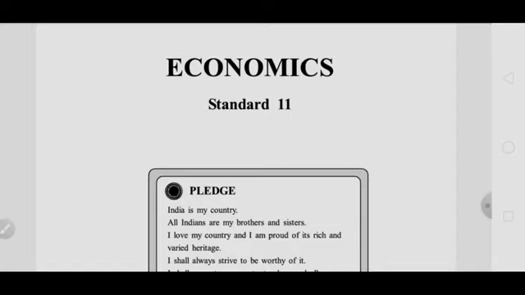Basically, the question that comes to our mind is, what is economics? Economics comes from the word oikonomia. It is a Greek word, used for denoting economics as a subject matter.